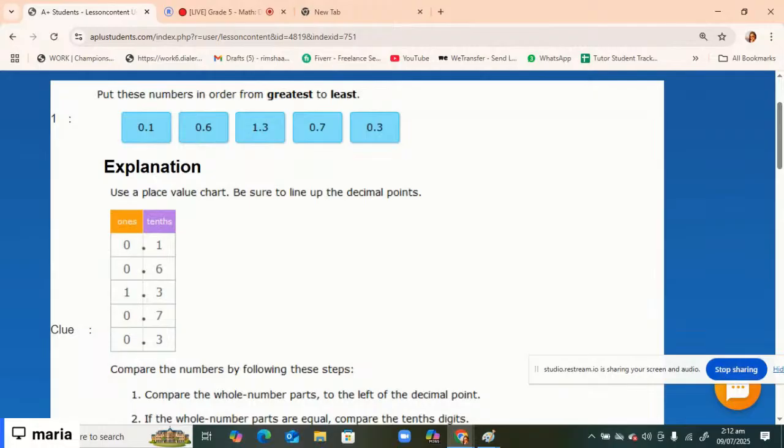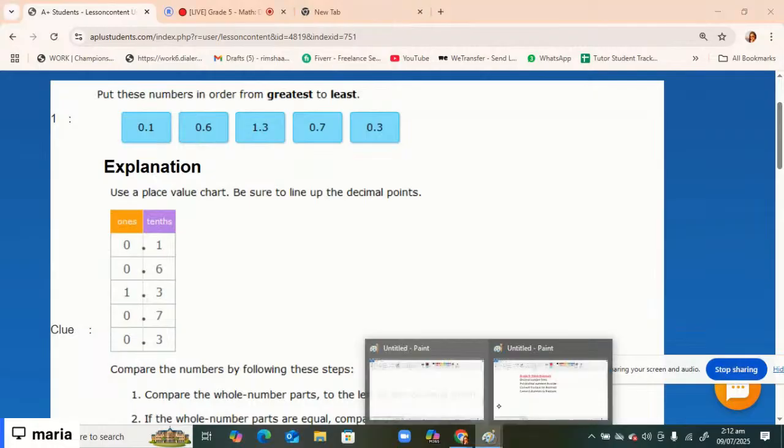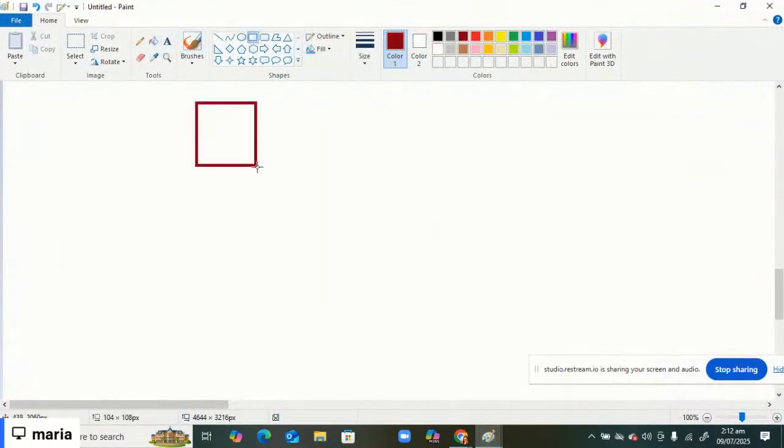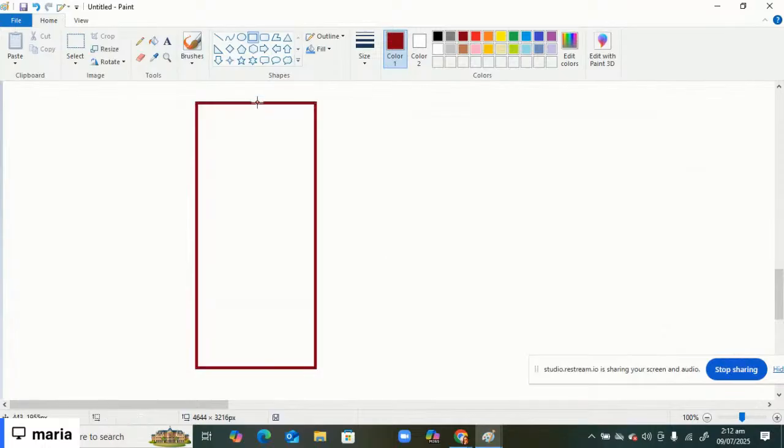First of all, we can say that the ones place digit and tenth place digit. Let's suppose I'm going to draw the chart here. Let's suppose this is the chart of values: ones place, and that is tenth place.